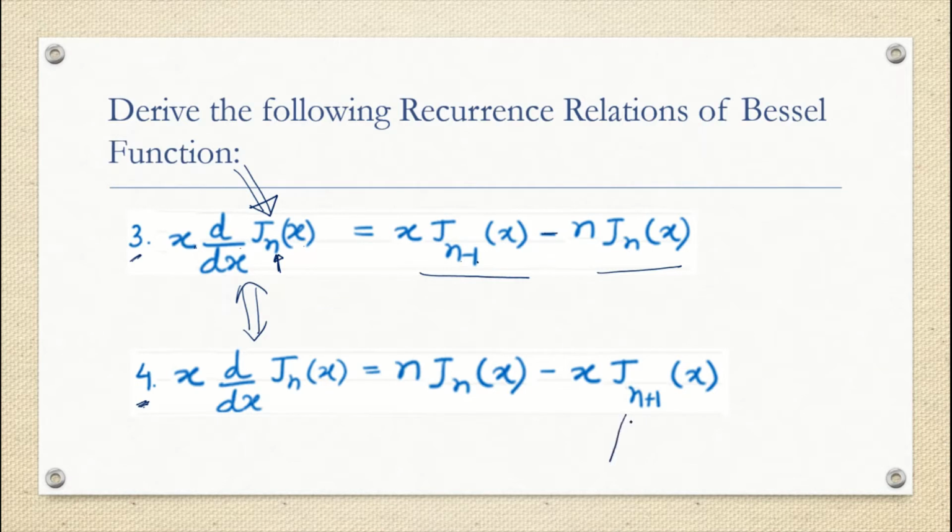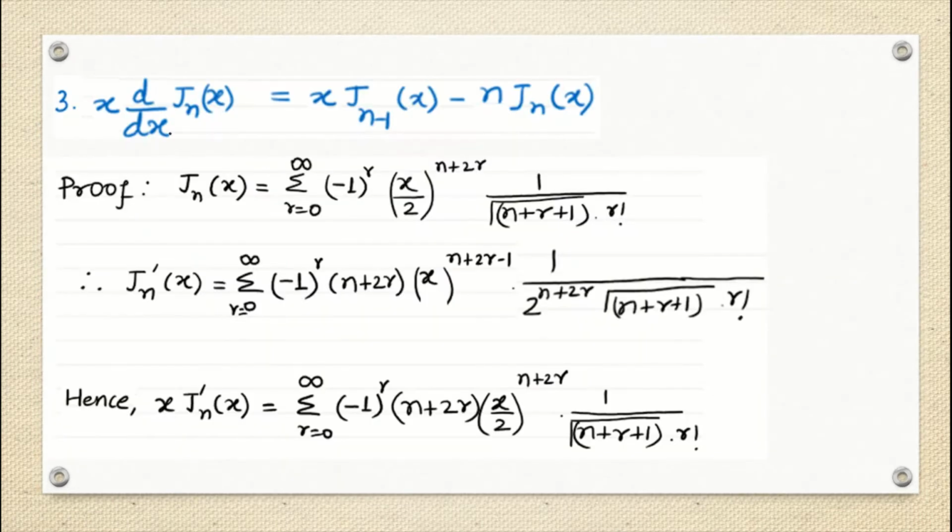Here we have the relation between the Bessel function of nth order and the Bessel function of order n plus 1. These two are the same, but we have to follow the method to derive first this case and then this case. So now we are starting with the third recurrence relation.